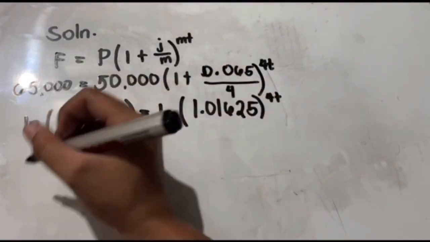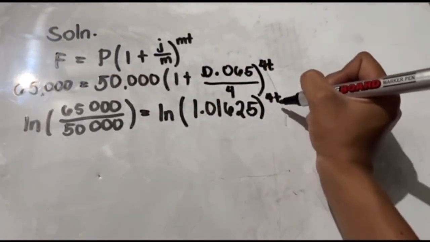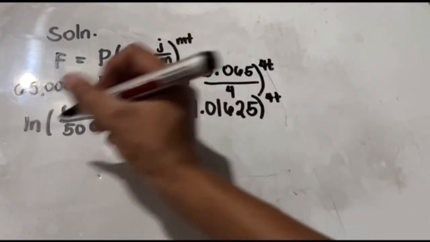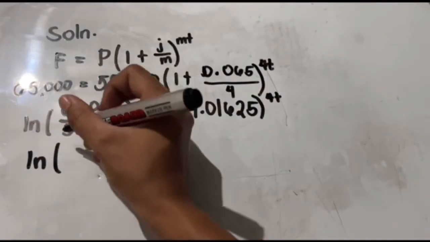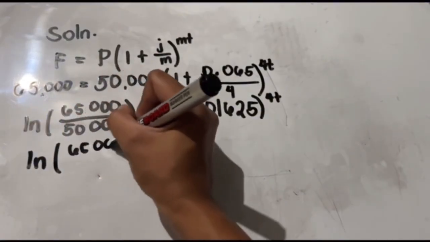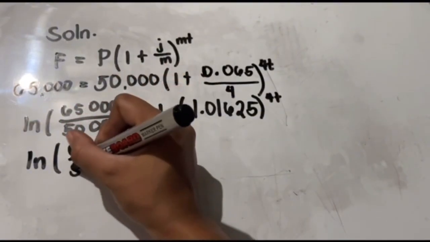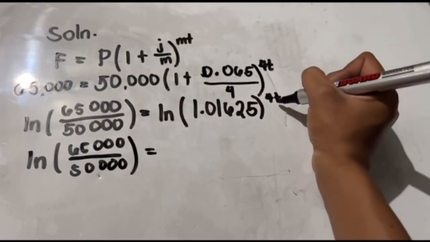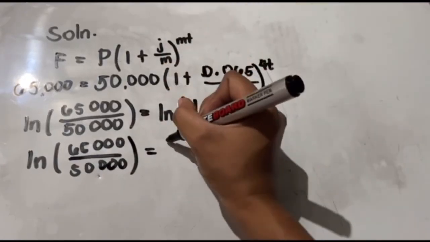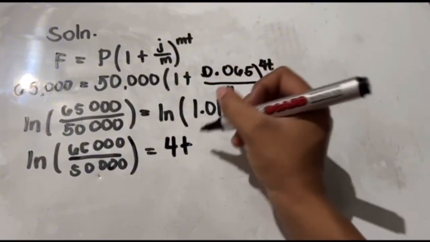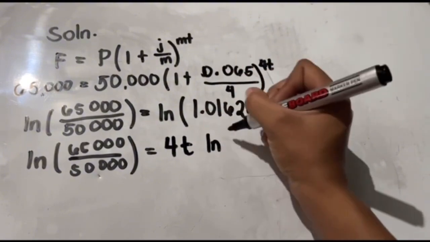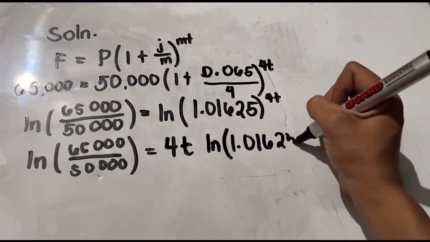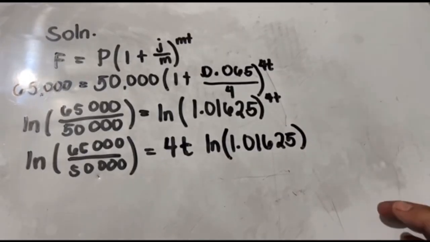This time we will make this exponent become our coefficient. So ln of 65,000 divided by 50,000 equals 4t times ln of 1.01625.